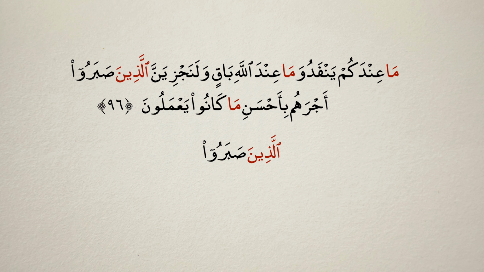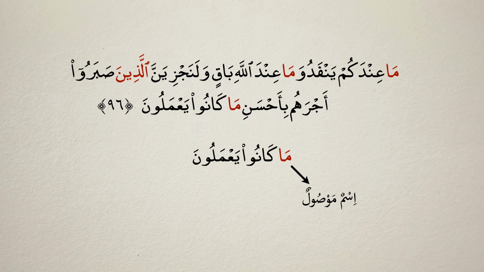So الذين صبروا means those who were patient. Then we have ما كانوا يعملون. ما is اسم موصول, كانوا is صلة الموصول, which we'll learn about in future lessons, inshallah. So ما كانوا يعملون means what they used to do.